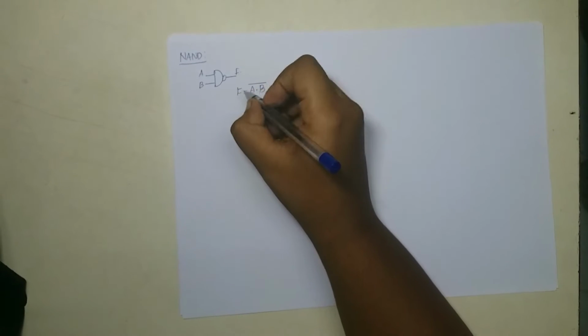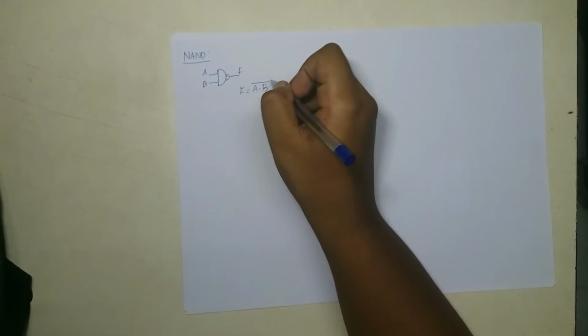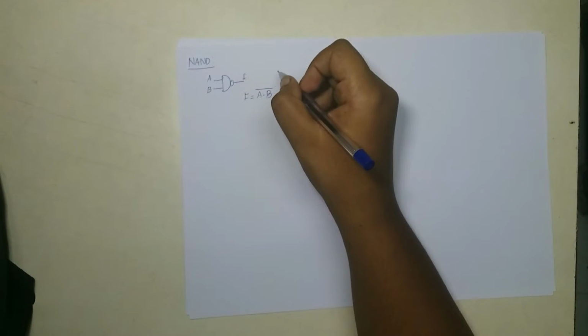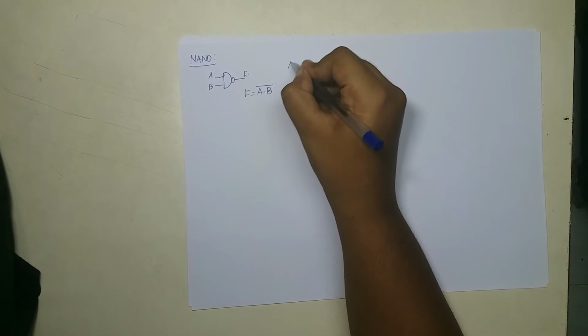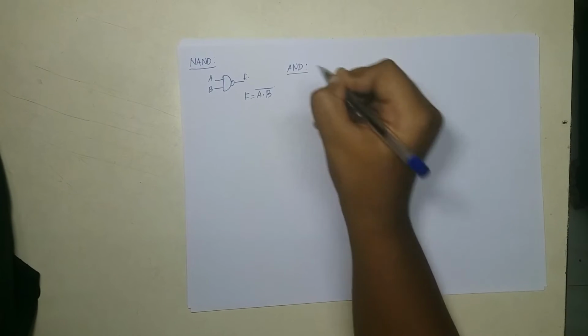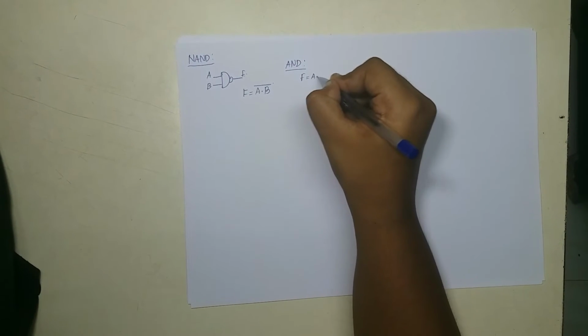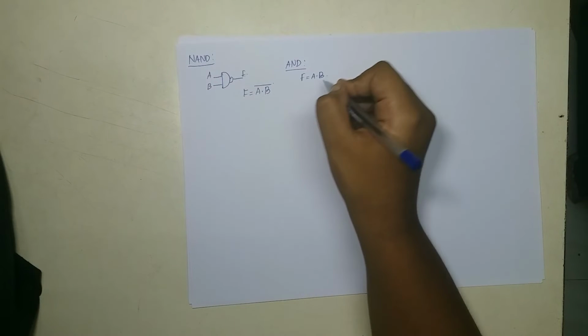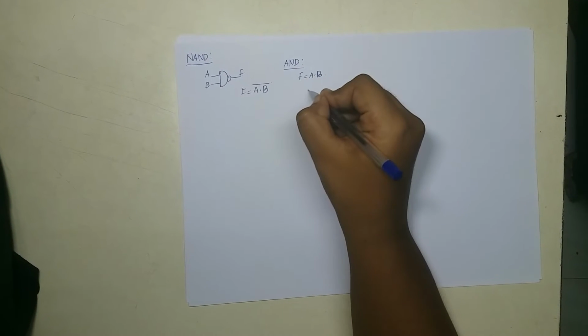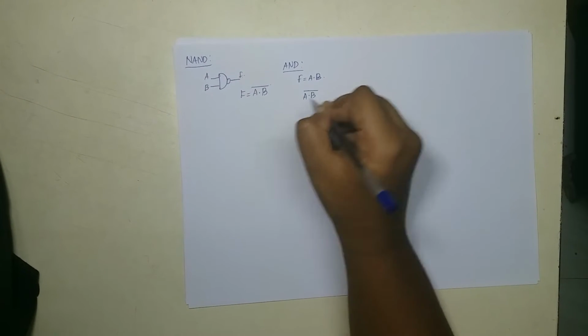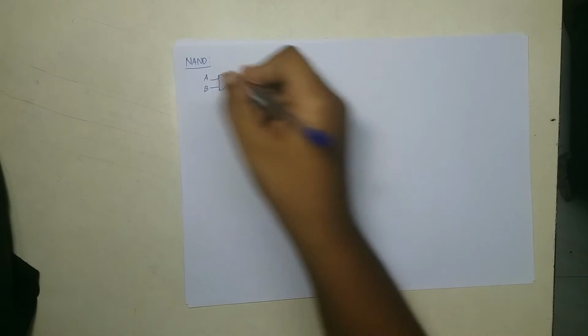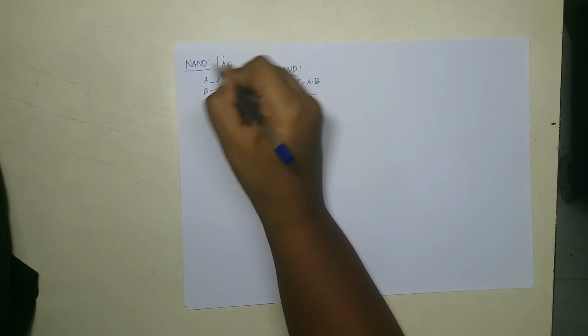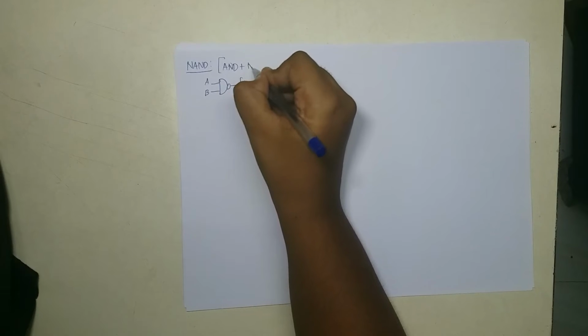As we see here, it has some resemblance with AND gate. AND gate's algebraic function is F is equal to A dot B, and if we invert the AND gate, we will be getting a NAND gate. So NAND gate will be AND gate plus NOT gate.